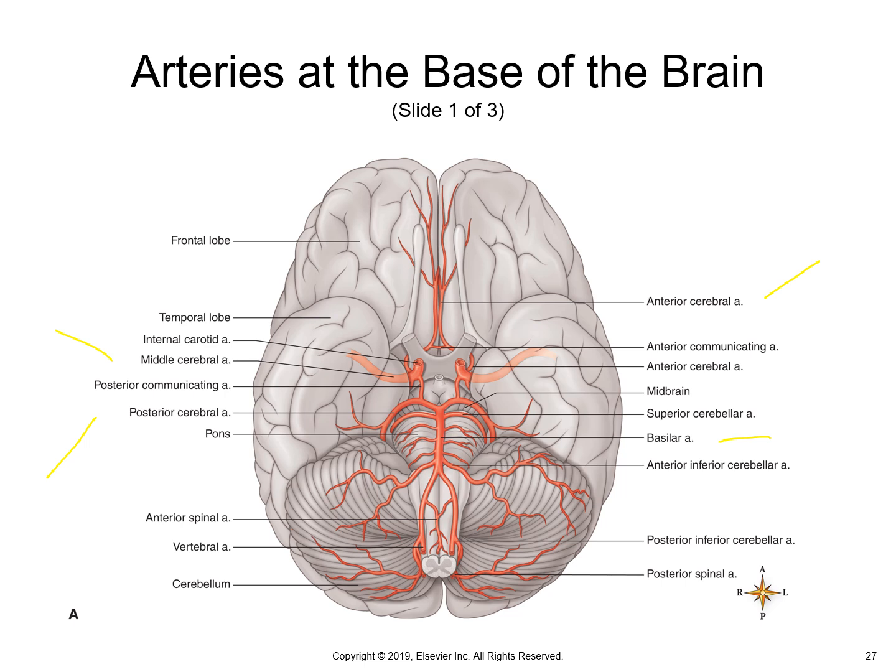Then we have the vertebral arteries, and they basically again travel through that spinal column, and they supply blood to the posterior brain and also the brainstem. And then we have the superior and the inferior cerebellar arteries, and they supply the cerebellum. And the cerebellum basically controls our balance and also our coordination.